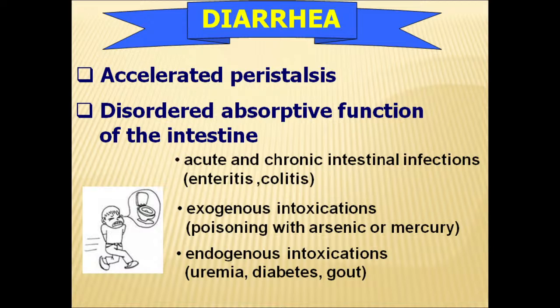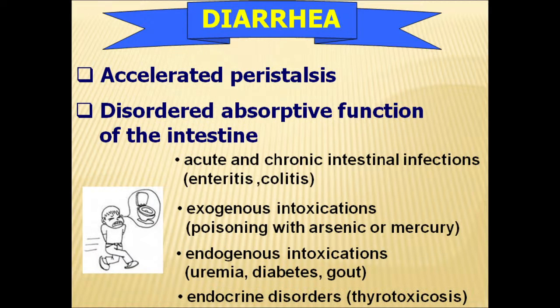We are talking about uremia as a result of progressive kidney insufficiency. Some metabolic disorders, diabetes mellitus, gout, which involve in the pathological process all organs and systems. And specific endocrine disorders, thyrotoxicosis.